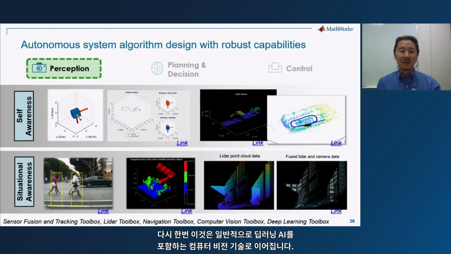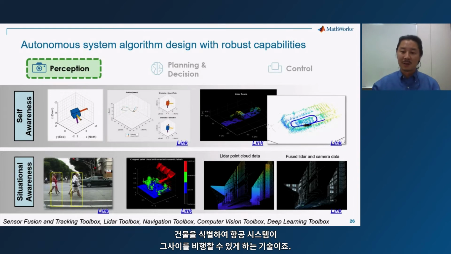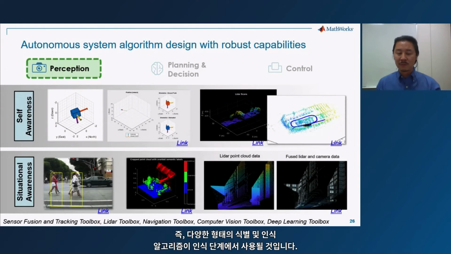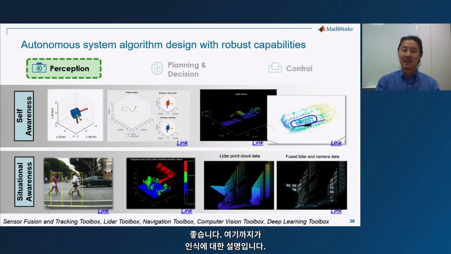And again, this leads into some computer vision techniques, which typically include deep learning AI as well, right? So identifying humans to track them, or identifying birds to avoid them, identifying trees to plan a path around them, or buildings so that the aerial system could fly in between them, right? So different forms of identification and recognition algorithms will come into play here for perception. Okay, so that is on the perception side.